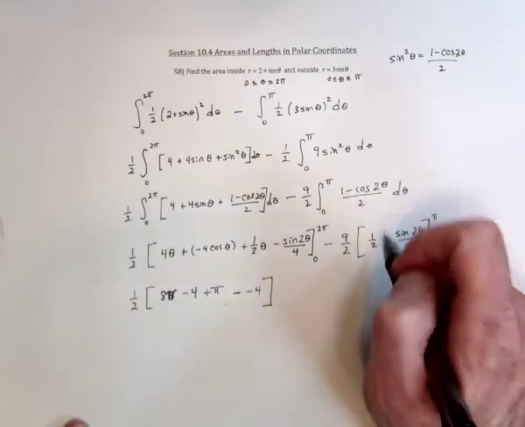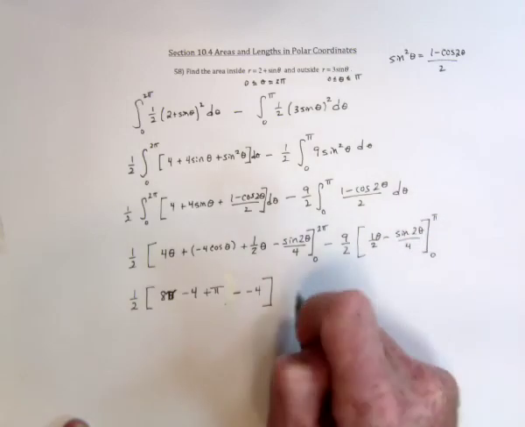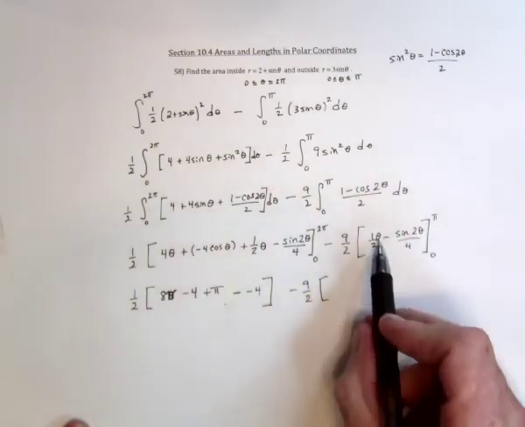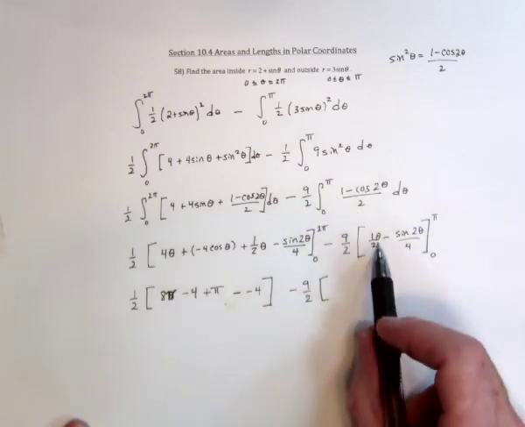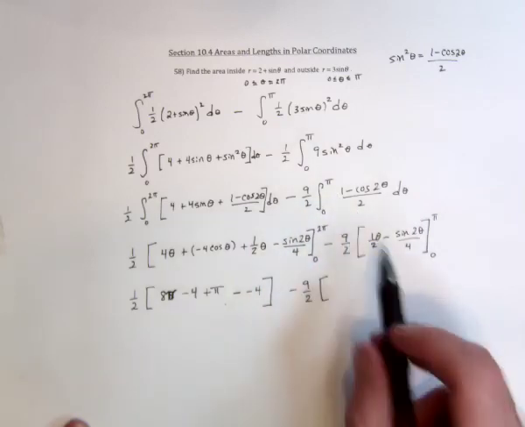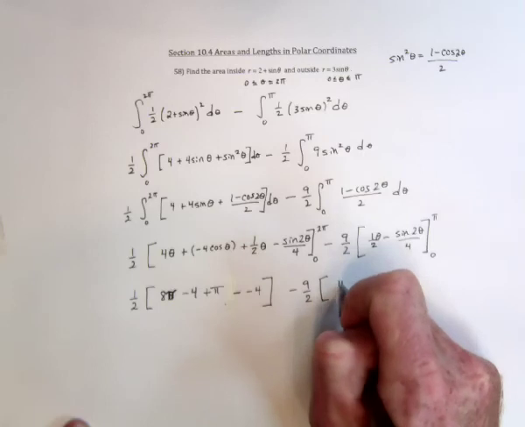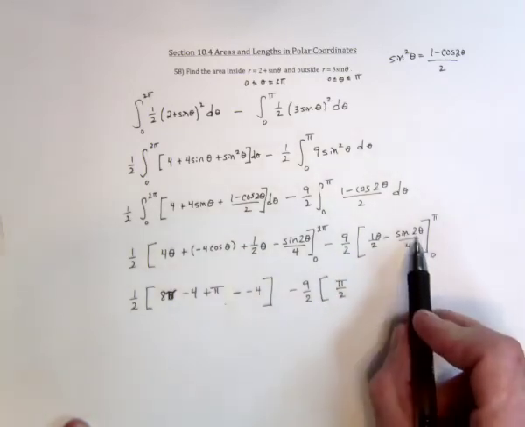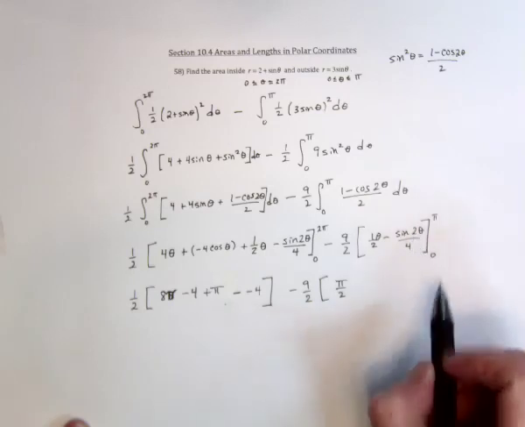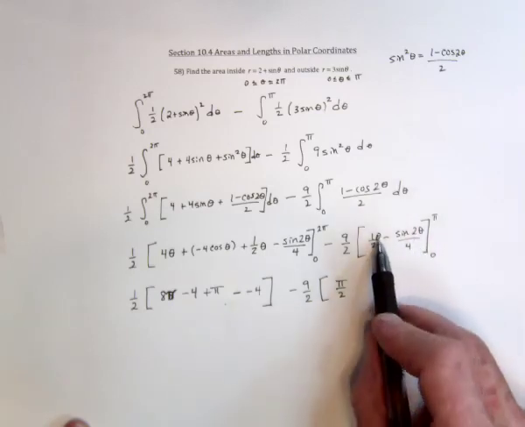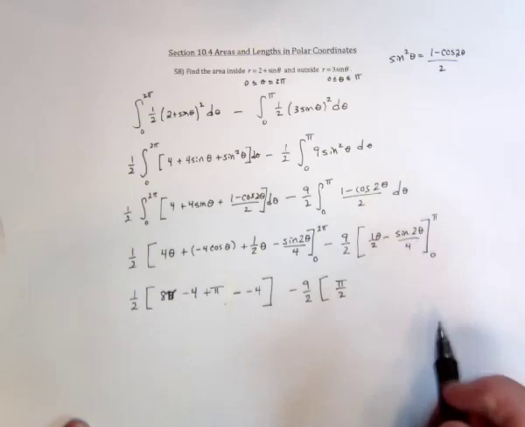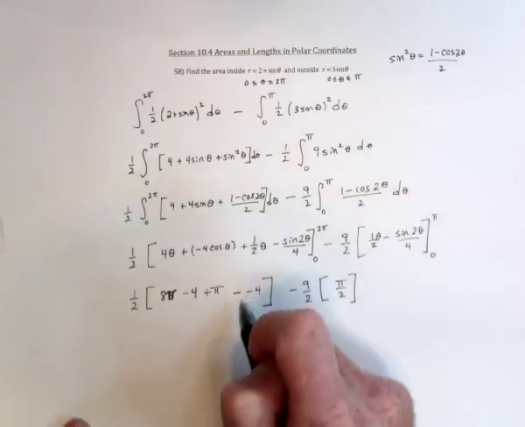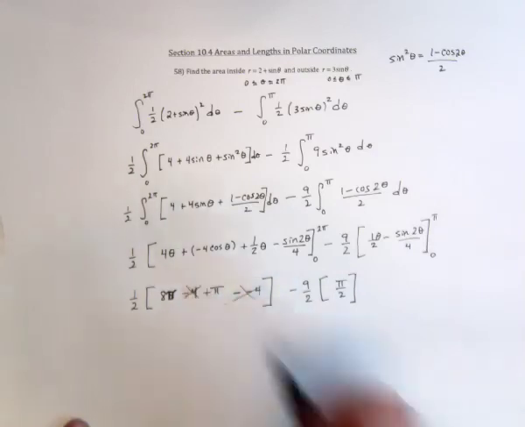All right, next we've got minus 9/2, and this 1/2 when we integrate it is 1/2 theta. So put pi right here, and there's going to be pi cut in half. And then this is going to be sine of 2 pi, so that's 0. Next, substitute the 0. This is gone, this is sine of 0, so that's gone. Like I said, the 4's cancel.